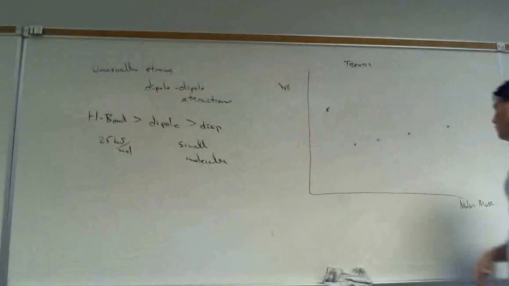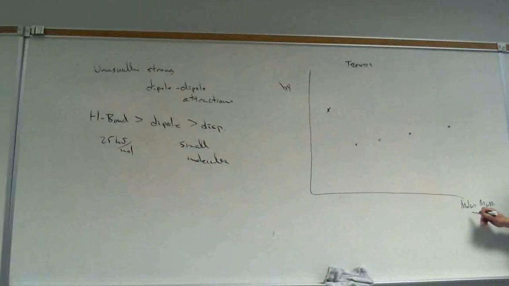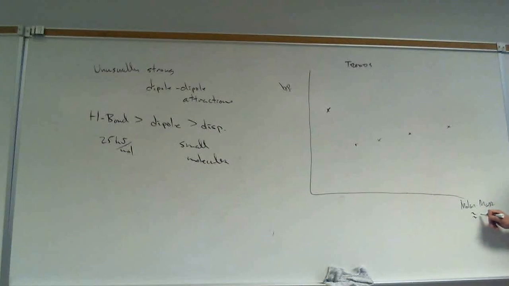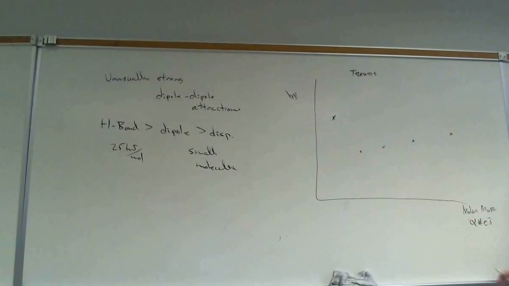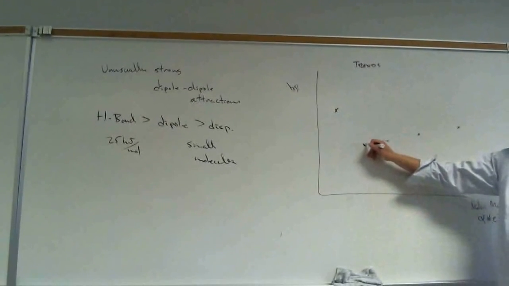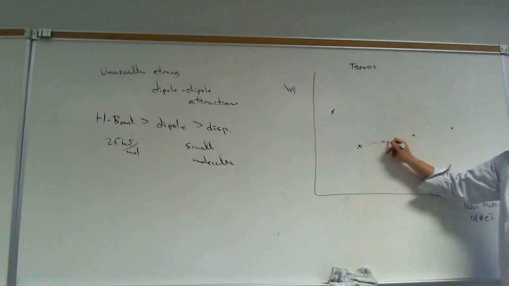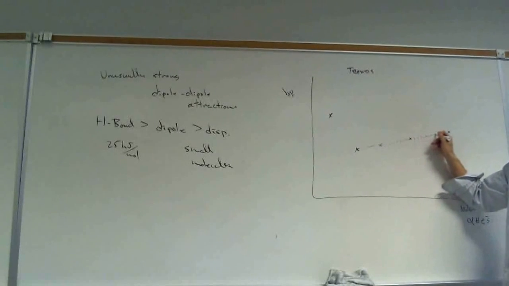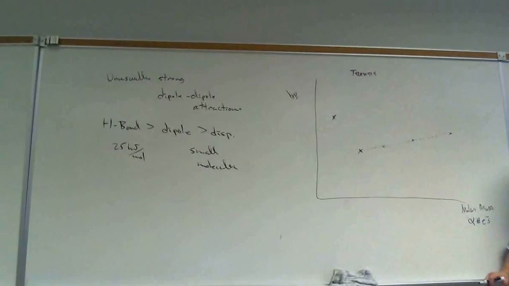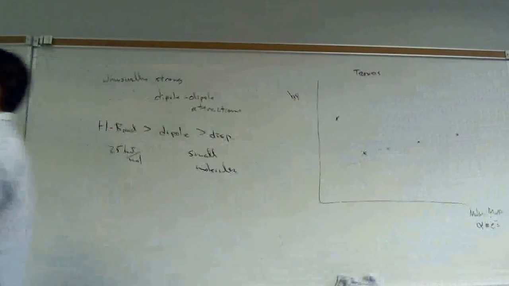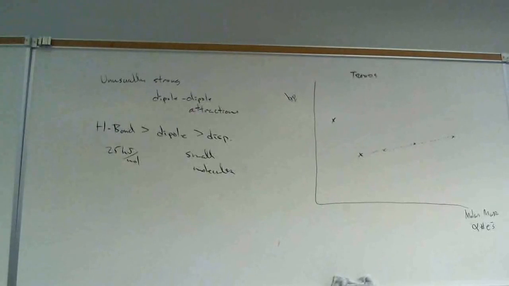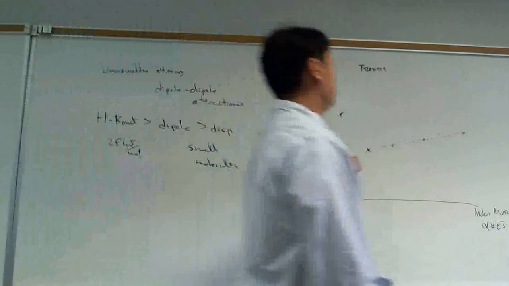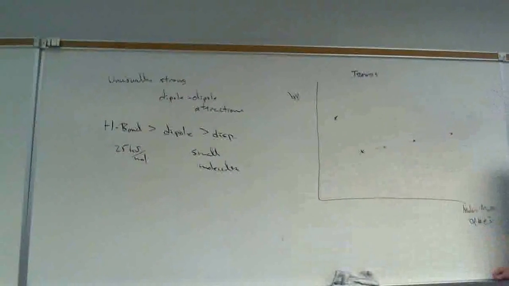And we look at how the boiling point changes. And so molar mass is going to be proportional to the number of electrons, right? Molar mass is proportional to the number of electrons. And so you can see here, as the molar mass increases, what do you expect to happen to the boiling point? It increases. No, this is just for, the bigger the molecule, the higher the boiling point, regardless.